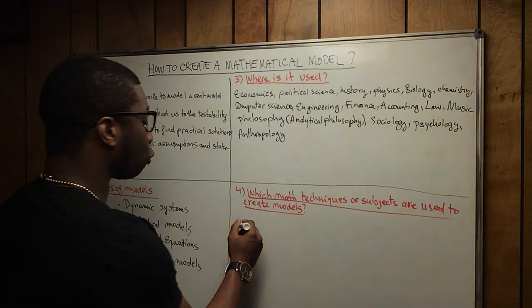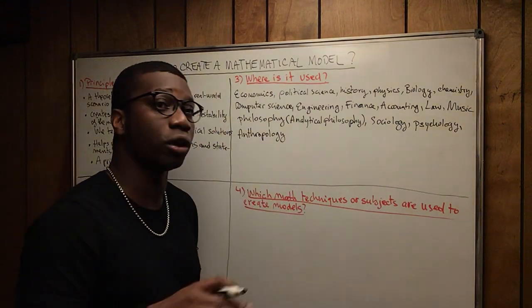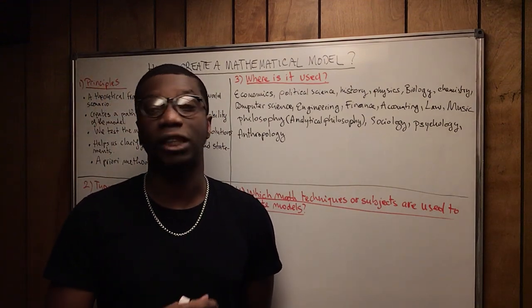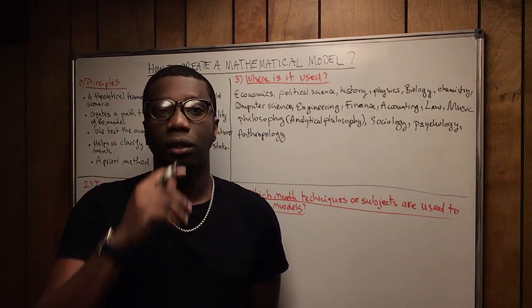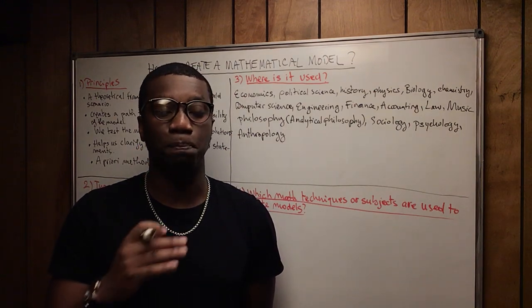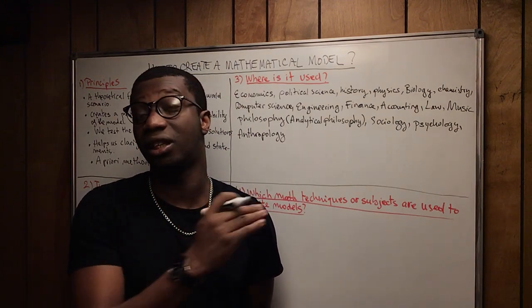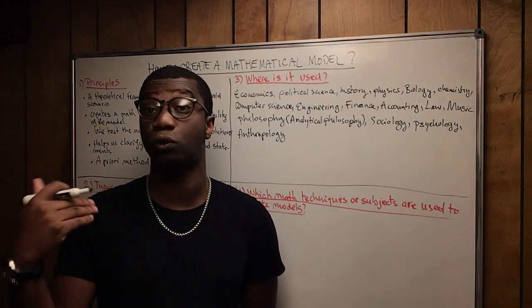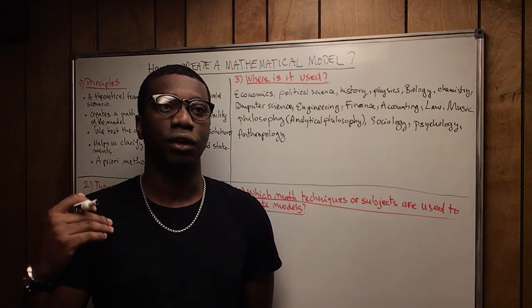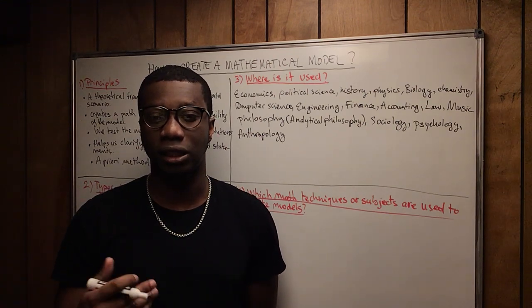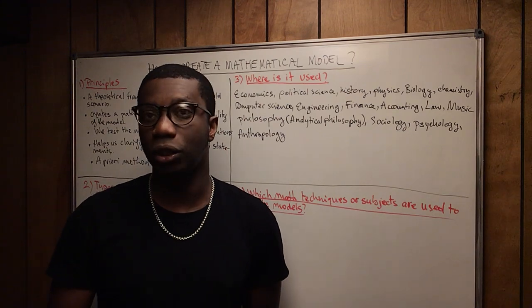It is important to understand that a mathematical model does not need to be extremely complicated. The level of difficulty of the model is based on the real world scenario you're trying to describe or predict. If the scenario that you're analyzing is very complicated, then your model is going to be complicated.